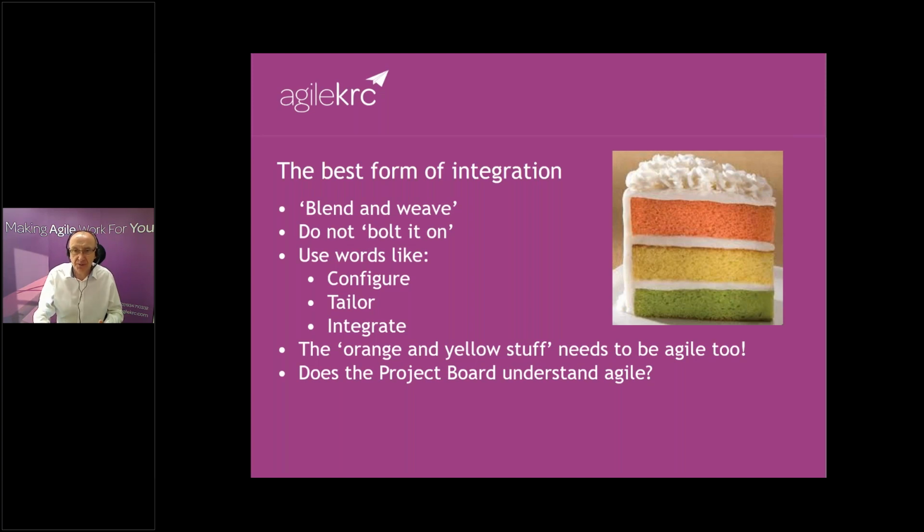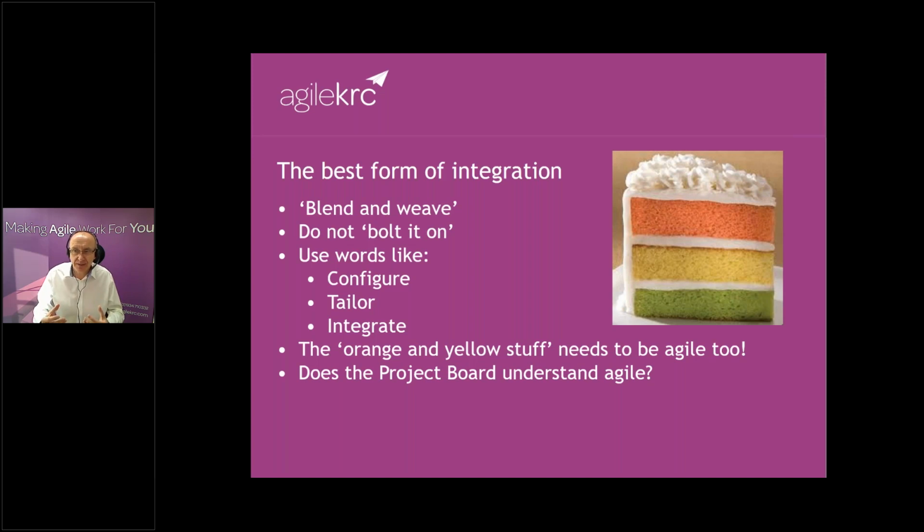So saying are we on schedule shows you don't actually understand what Agile is. Asking whether we're delivering what we plan to deliver, namely, have we delivered 95% of what we planned, which would be okay. But if we've only delivered 50% of what we planned, then that's not okay. So do the project board actually understand what's going on here?